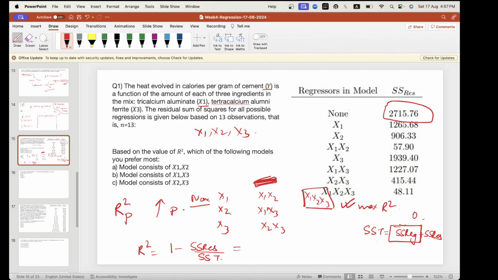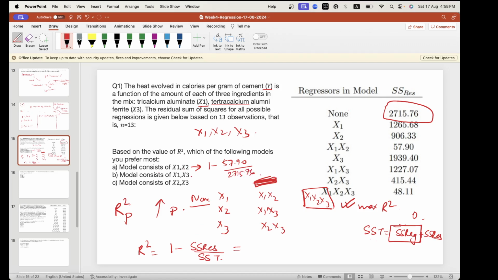Yeah. So now we'll have to calculate. For this model, r square for x1 x2 would be 1 minus x1 x2's SS residual, which is 57.90, by 2715.76.